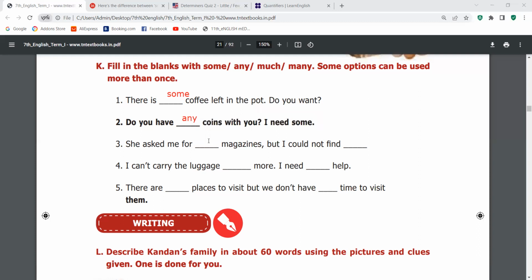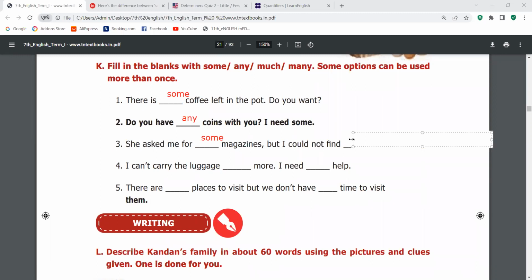She asked me for dash magazines but I could not find dash. Could someone say?